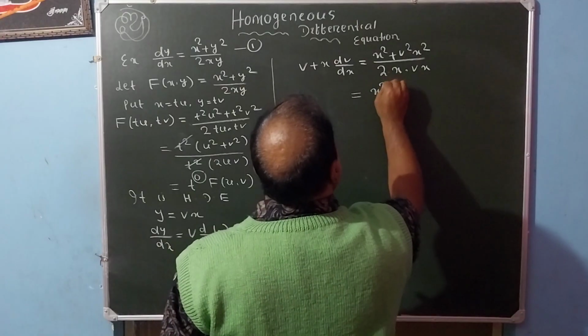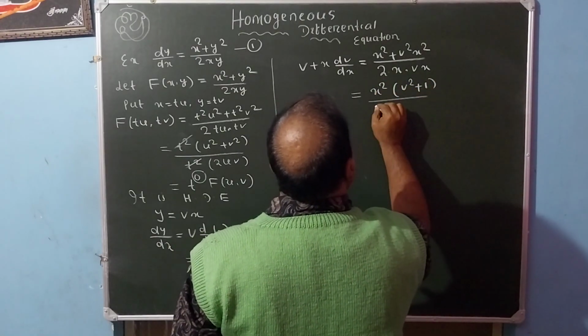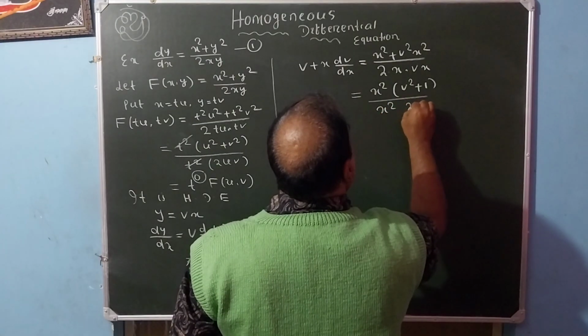So x square taking common, (v square plus 1) divided by x square into 2v.